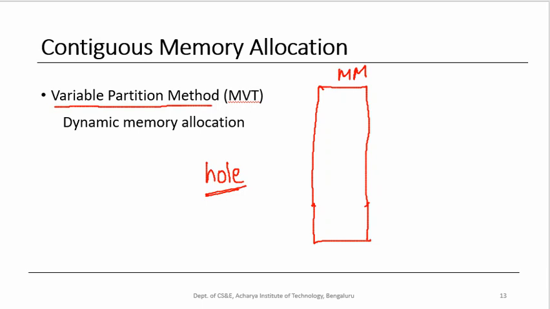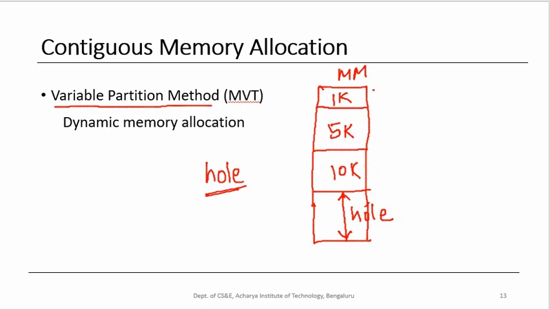Now as and when the processes come into the main memory, the processes are allocated main memory from this whole. For example, if a 1K process comes in first, then 1K is allocated, and if a 5K process comes in after that, 5K is allocated, then 10K, and so on. Now the size of the whole gets reduced.